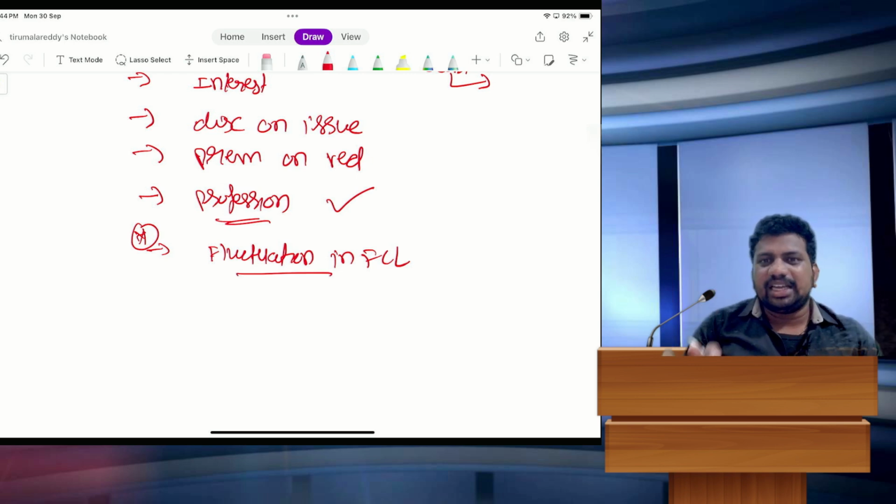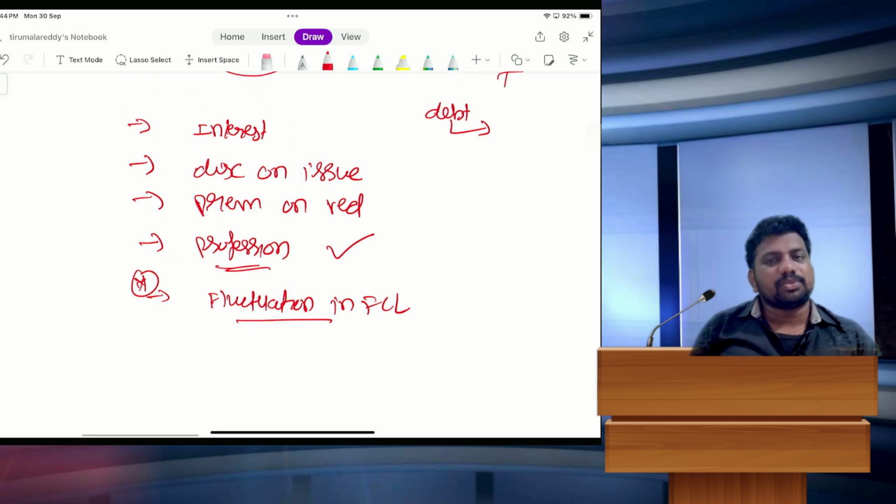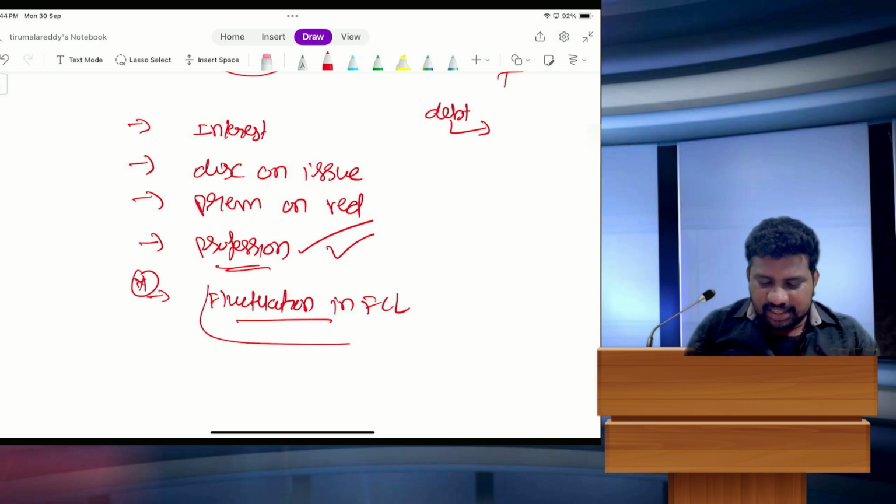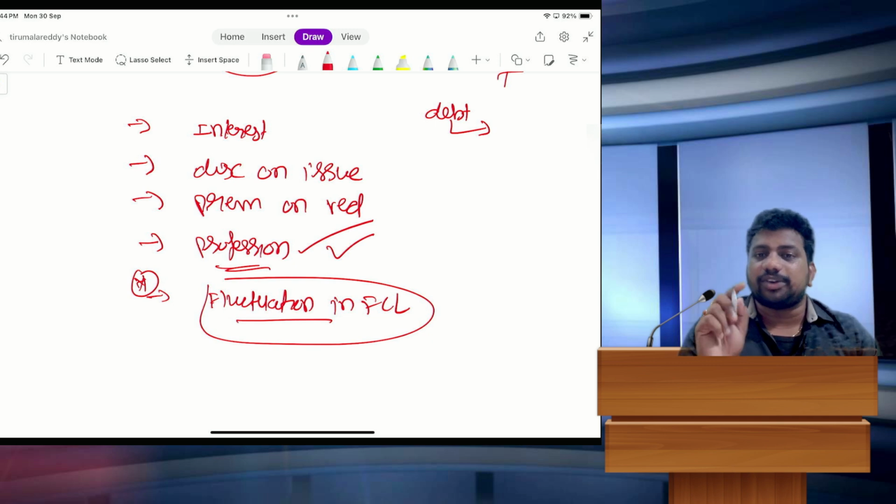Okay, so basically the definition of borrowing cost includes interest, discount on issue of debentures, premium on redemption, incidental expenditure, and then fluctuations in foreign currency loan. Now in this video, I am focusing on these fluctuations.